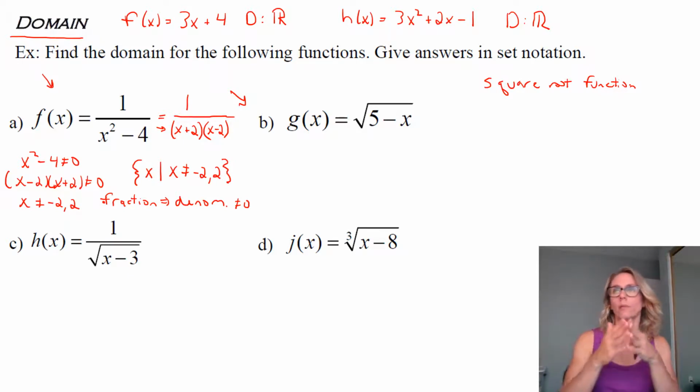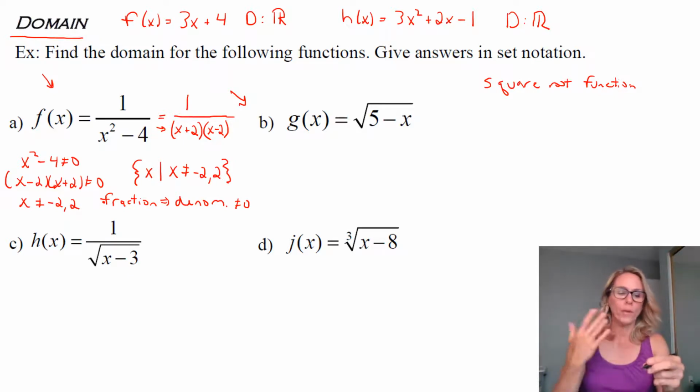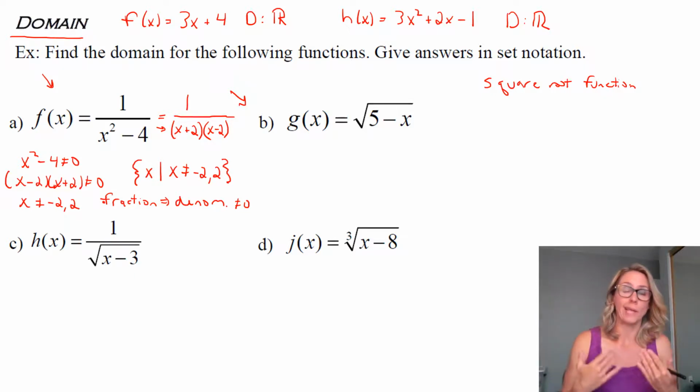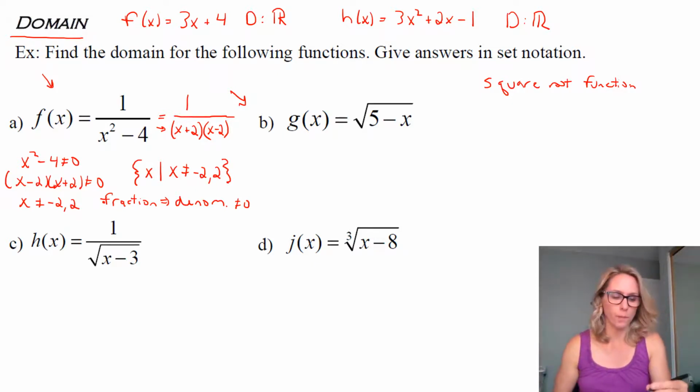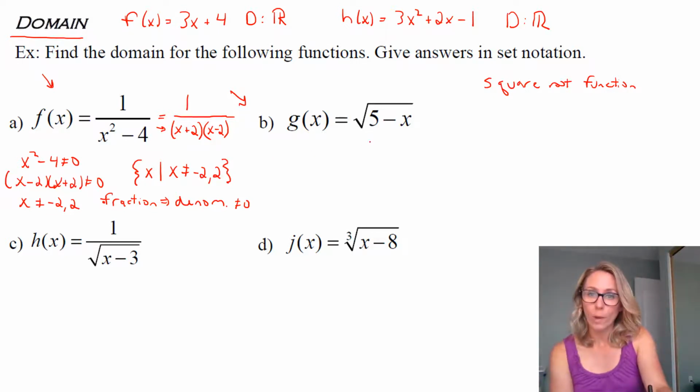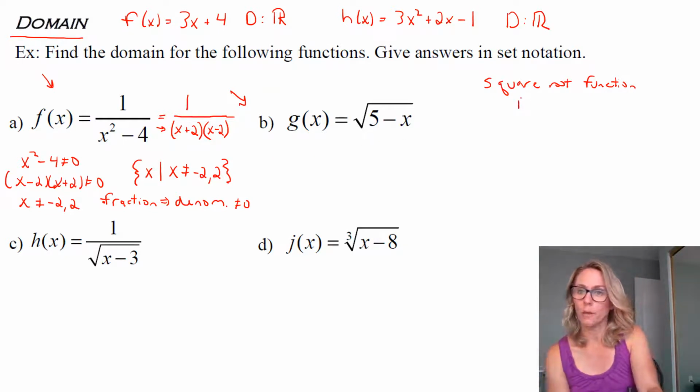And when we're talking about functions, we're talking about things that are real. So we need real numbers to come out. So although we can take the square root of, say, a negative 4, that's not a real number. So that can't be part of our domain because we wouldn't be able to graph that on a Cartesian plane.